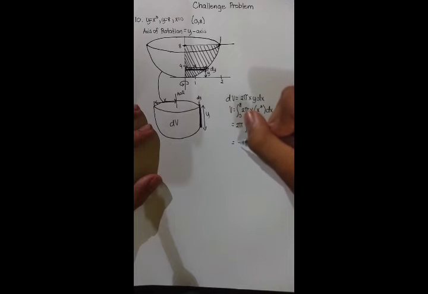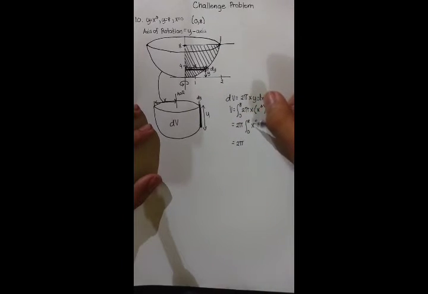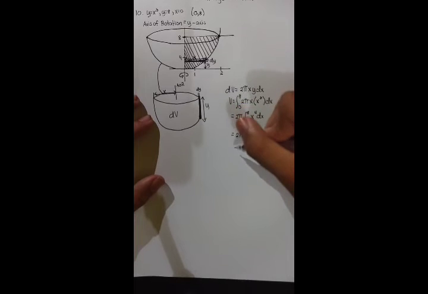Next, 2 pi, integrate x raised to 4, which is x raised to 5 over 5, with the limits from 0 to 8.